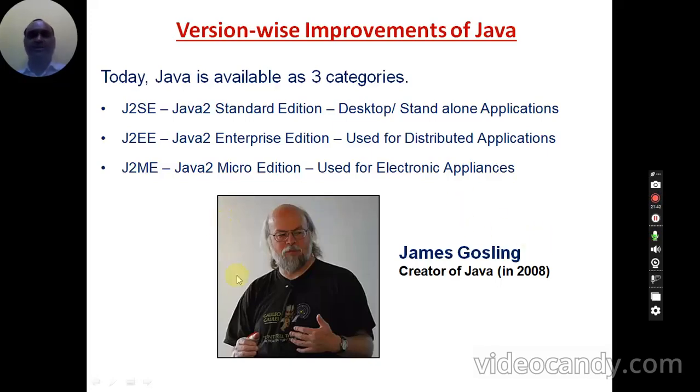And he is considered the father of the Java language. This photograph was taken in 2008. His name is James Gosling, considered the father of Java. So this is about the history of the Java language.